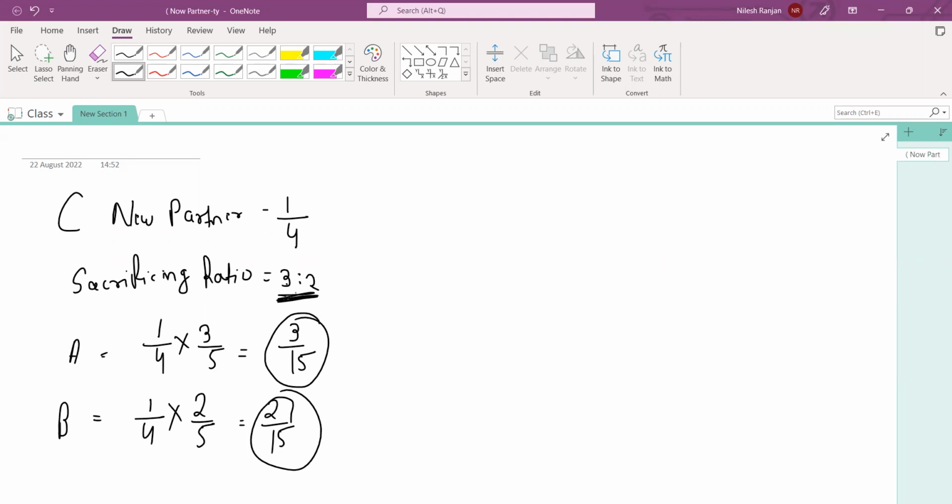If the question asks us to calculate the sacrificing ratio, then we will write this. I think the question will never ask you in this case because the sacrificing ratio is given in the question. Okay. So it will ask you only to calculate the new ratio. Any doubt?